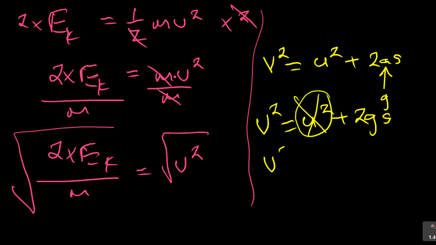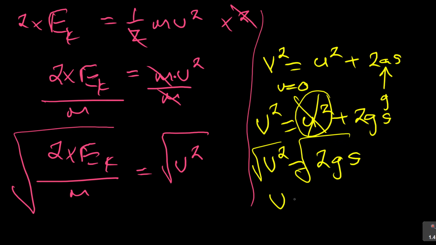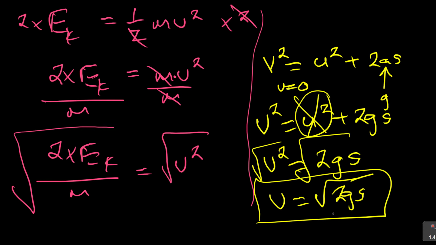So you've got v squared is equal to 2gs. Why? We said at the top this object has got 0 velocity, so v is equal to 0 at the top. That is the initial velocity. So if you want to find v, you take the square root so that v is equal to the square root of 2gs. Sometimes you find a question being answered like this in the memo because they have already made v the subject of the formula. So that is that.